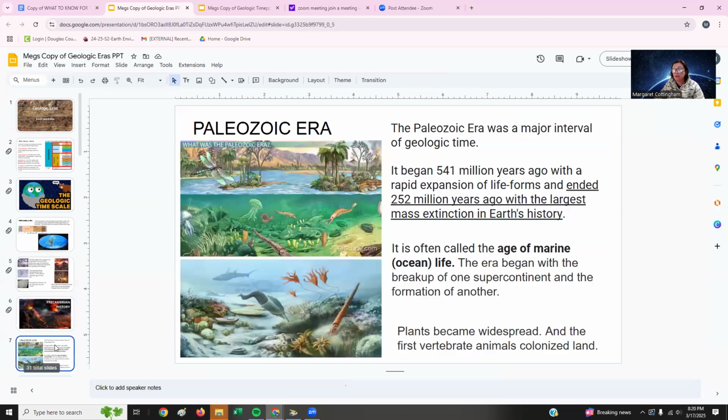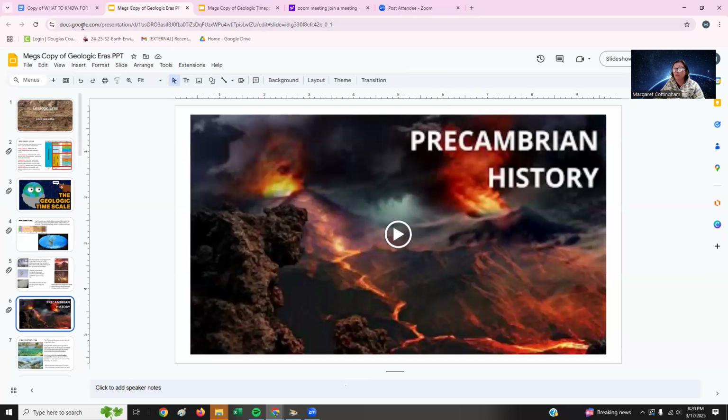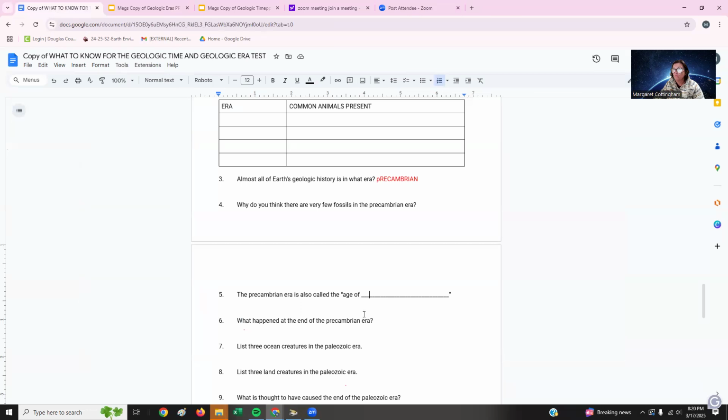Let's see what it is. It's probably the age of volcanoes. I wonder if that should have been what was Paleozoic. Okay, I think that should be Paleozoic era was the era. But just go back and know the Precambrian era was a bunch of volcanoes and things like that. But the Paleozoic was the age of marine animals. So I think that's when it first started.